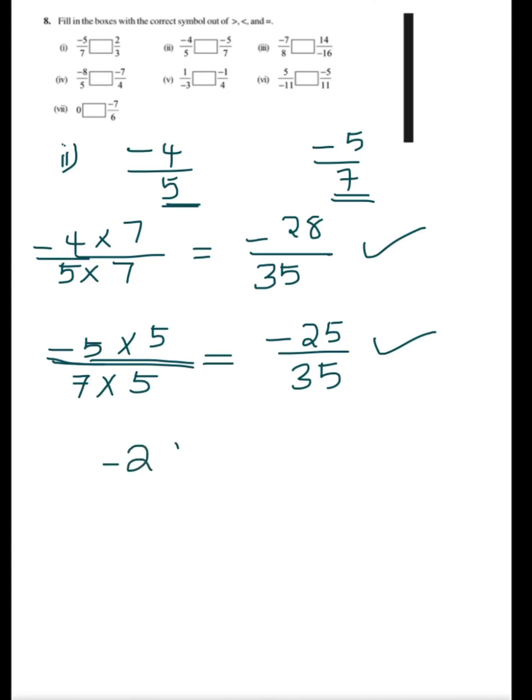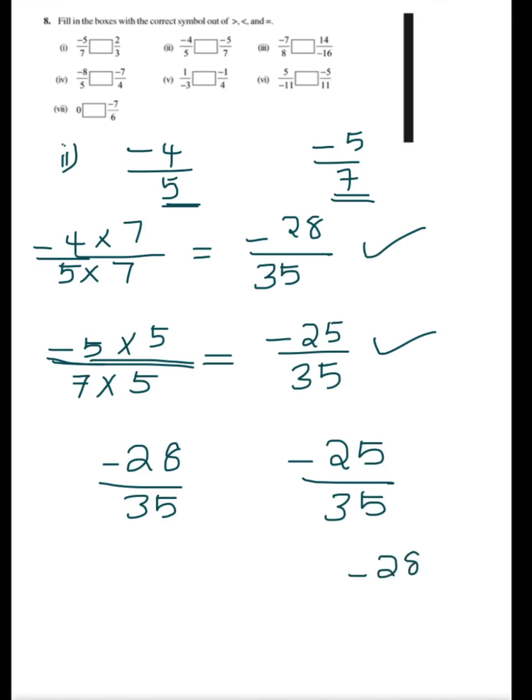So minus 28 by 35 and minus 25 by 35. Now both denominators are the same, so you can say which one is greater. You know that minus 25 is greater. That is, minus 28 is less than minus 25. So you can say minus 28 by 35 will be less than minus 25 by 35.